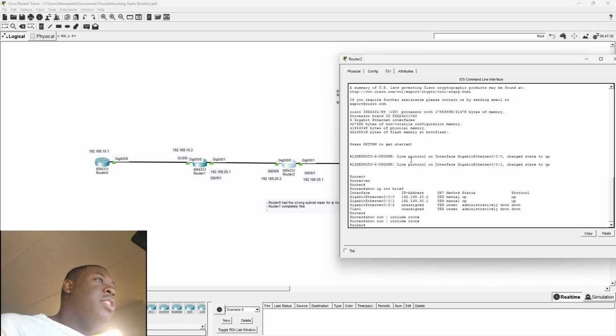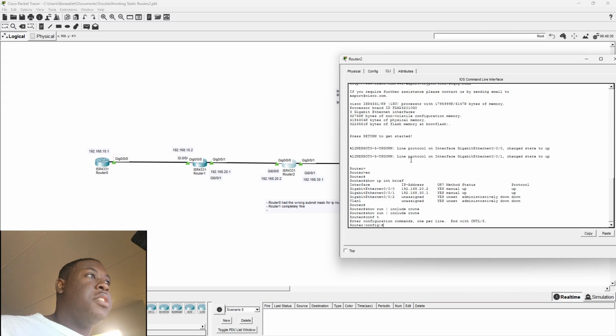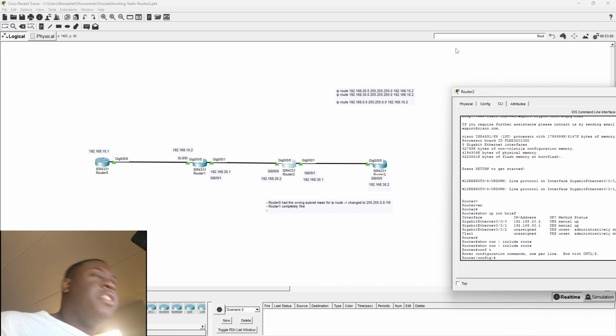So what we're going to need to do is add a static route. You have to imagine the data traveling, since we're trying to reach router 3. The data is traveling from 10.1 to 10.2, to 20.2, to 30.